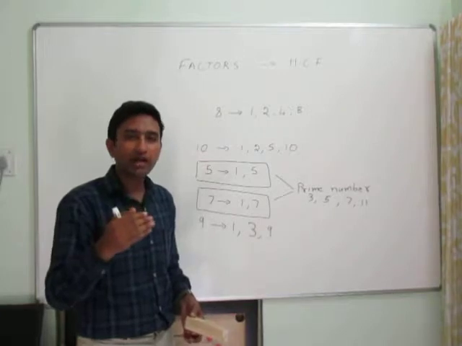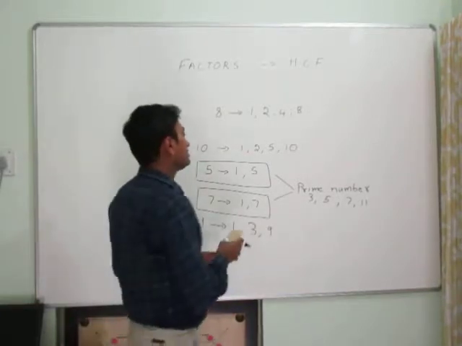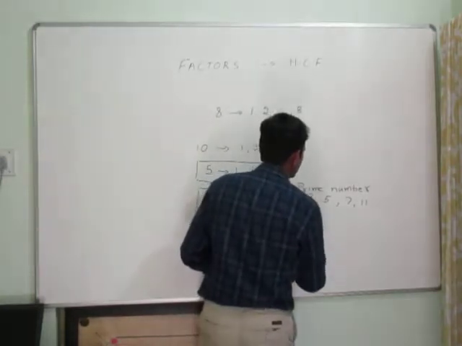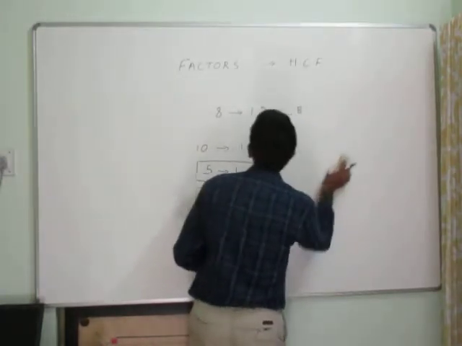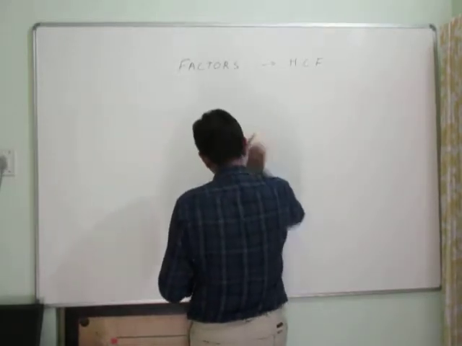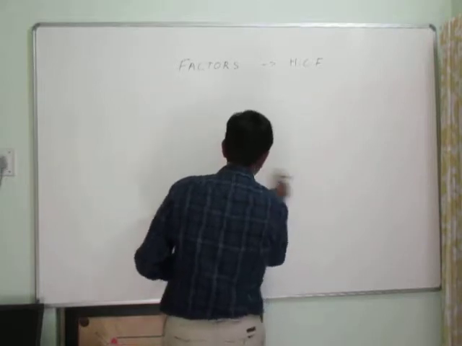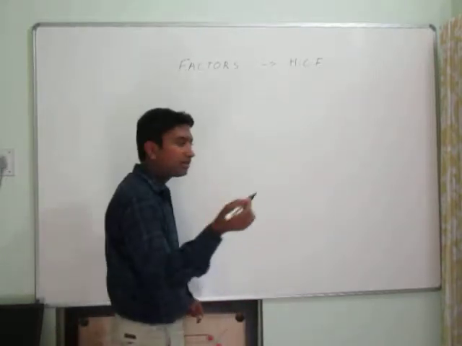So what is a prime number? A number which has only 2 factors. That's it. I just write that on the board.